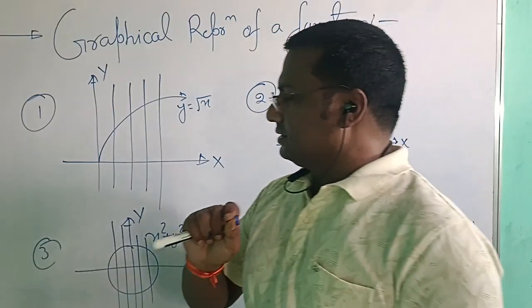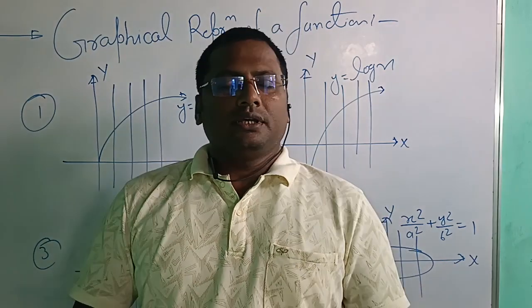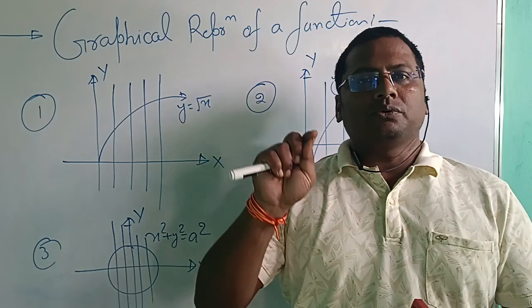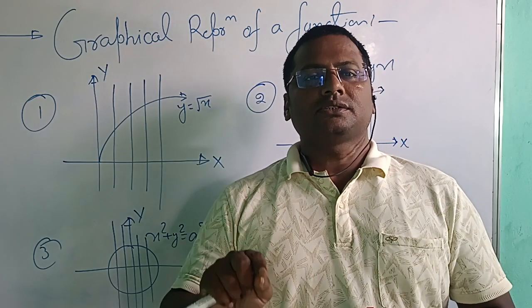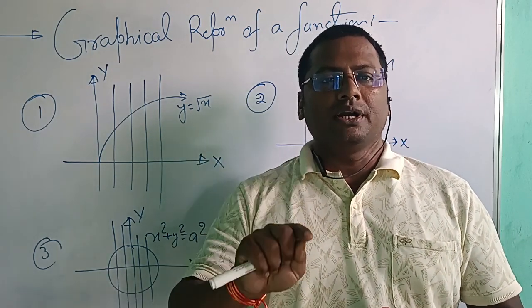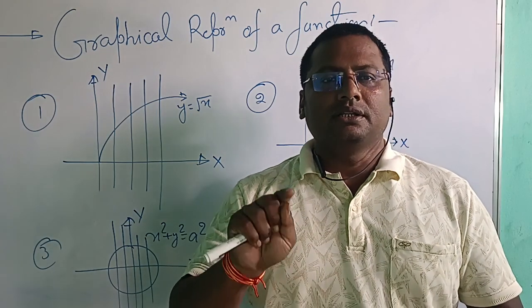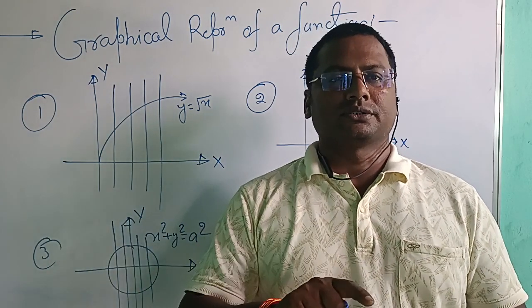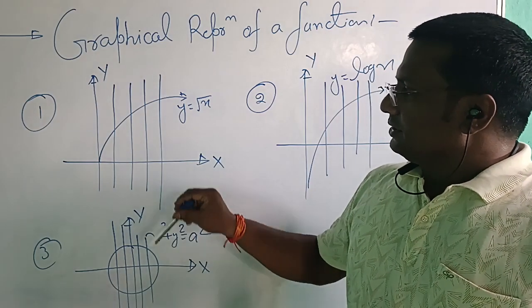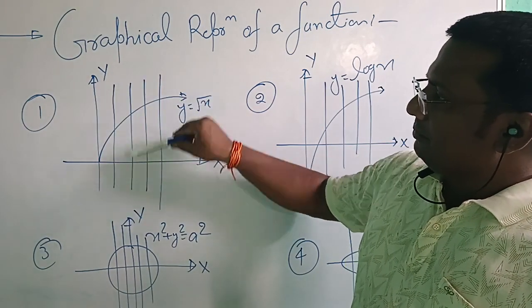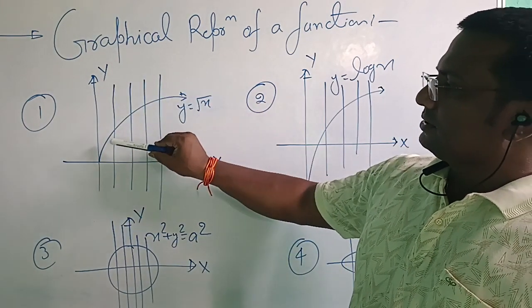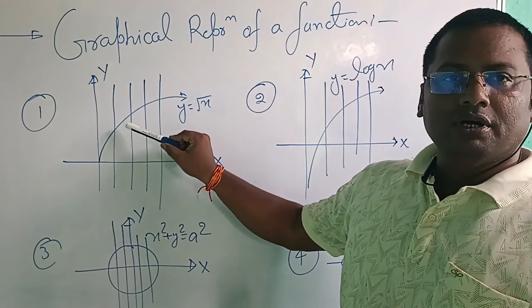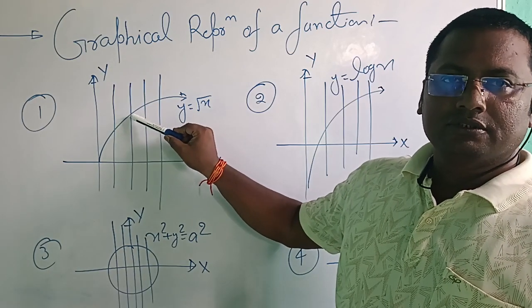The rule is that if a line drawn parallel to the y-axis cuts the given curve at one and only one point, then that is a function, otherwise not a function. So it is clear that this line parallel to the y-axis cuts this curve at only one point, so this is a function.